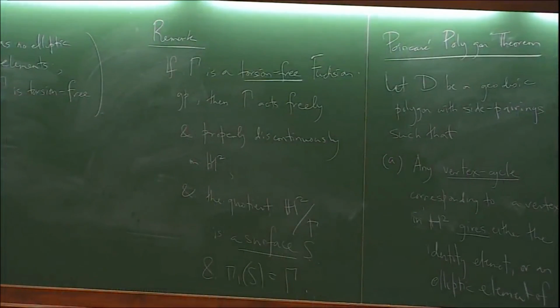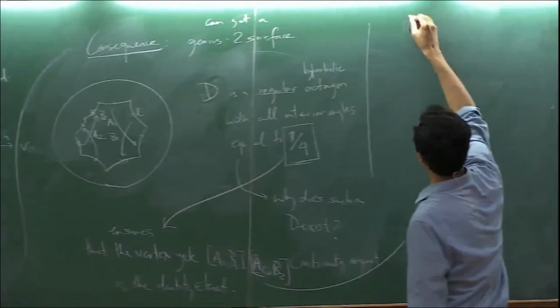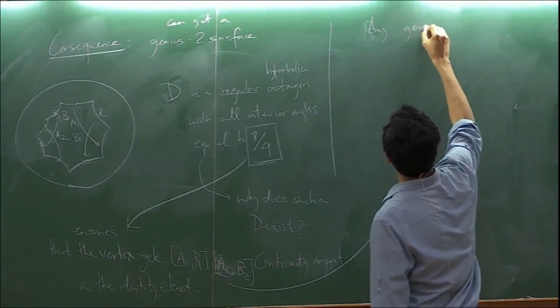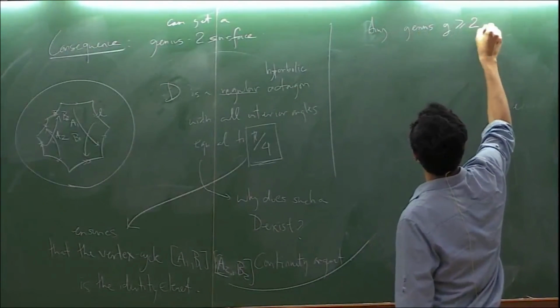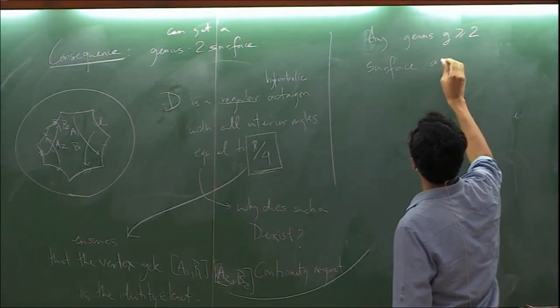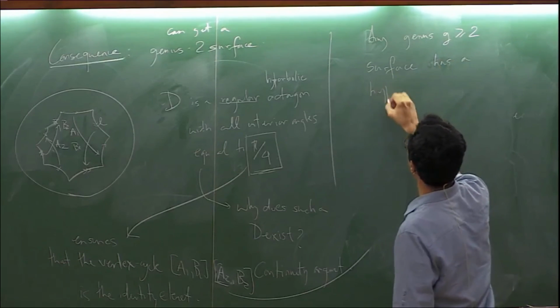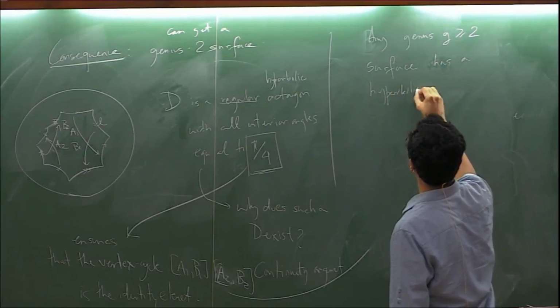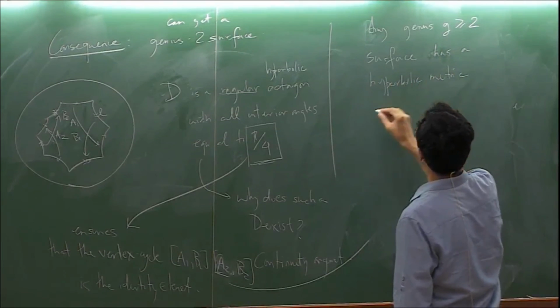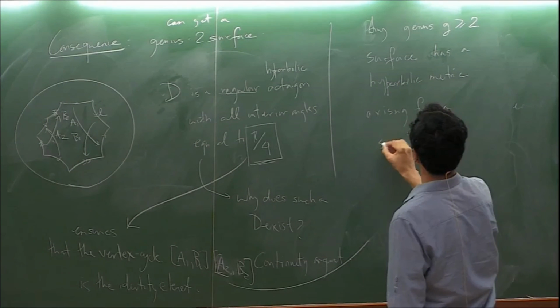Similarly, in general, any genus g surface, with g greater than or equal to 2, has a hyperbolic metric arising from a similar construction.